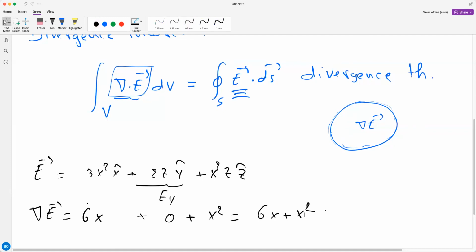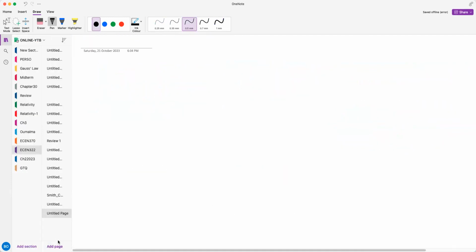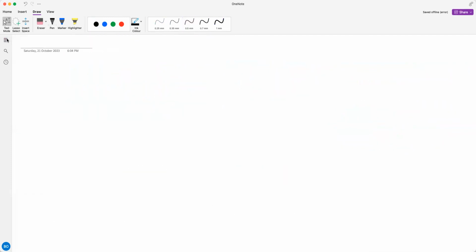And then we also have another important quantity that is the curl of a vector. All of this we have seen in electromagnetism in physics 207, but now we will use them extensively.